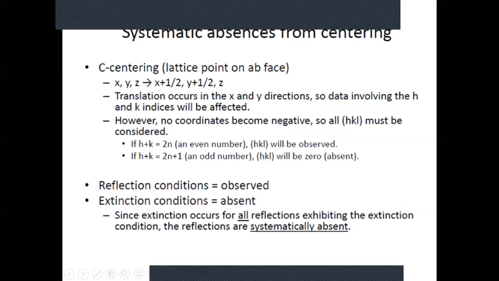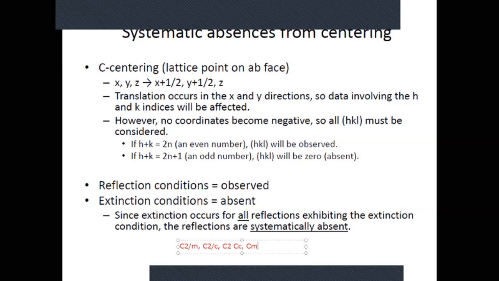So for example, if we narrow something down to a monoclinic C-centered space group, it could be one of a few. These are all the monoclinic C-centered space groups that there are. So now that you've determined it's monoclinic, it's C centering, you've gone from 230 space groups to 5 space groups.